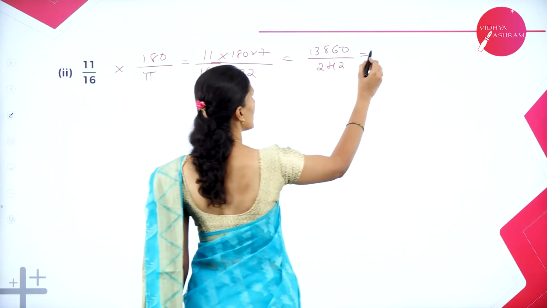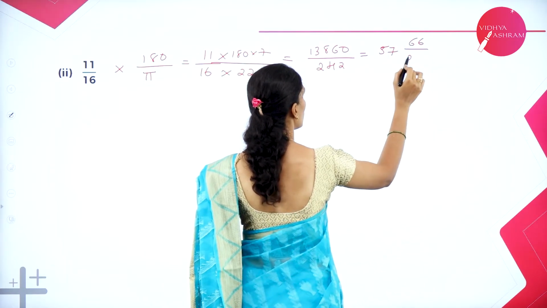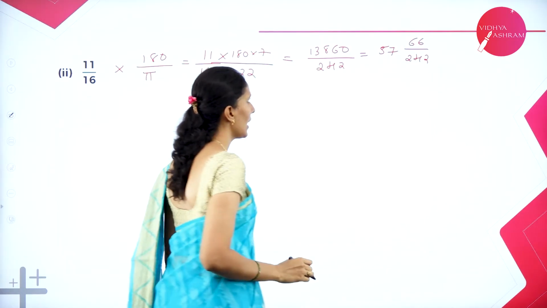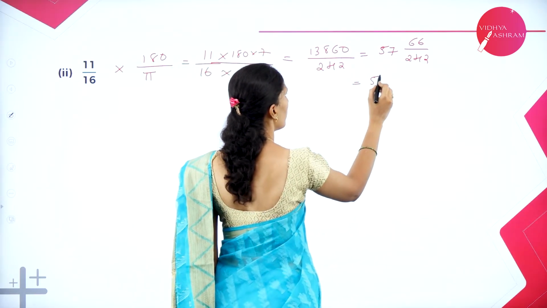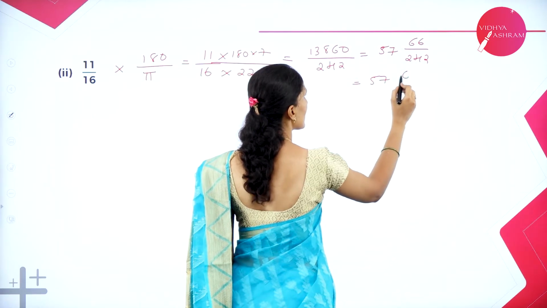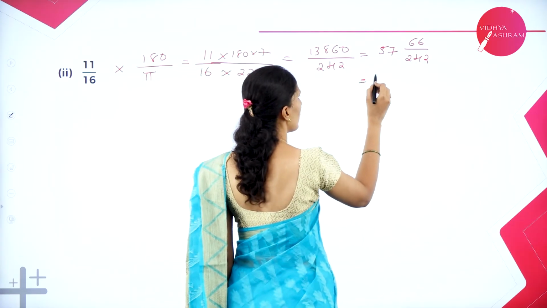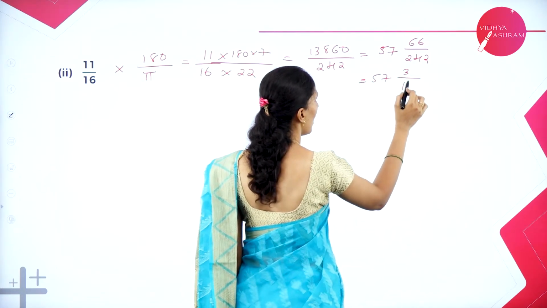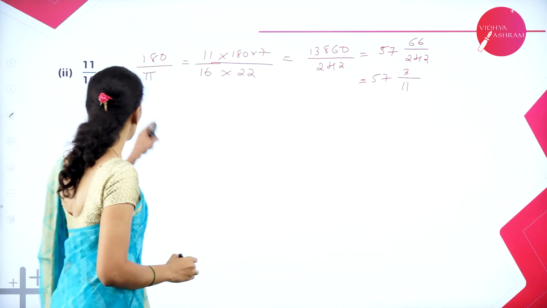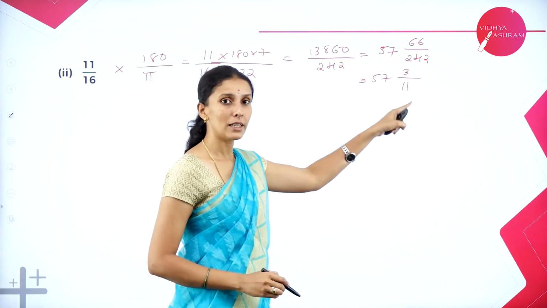So when you convert this, you will get 57 and 66 divided by 242. Again, this is nothing but 57 and 6 divided by 22. So when you divide this fraction, you will get 57 and 3 divided by 11. Now you have 11 by 16 radian in terms of 57 and 3 by 11 degree.